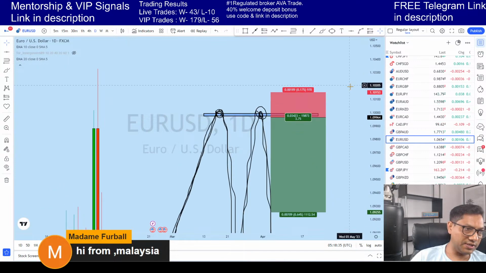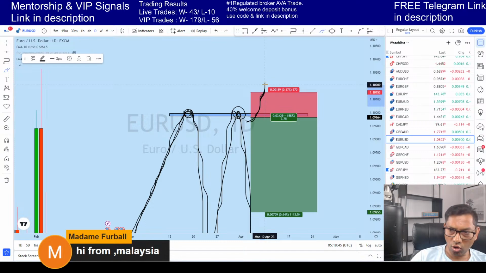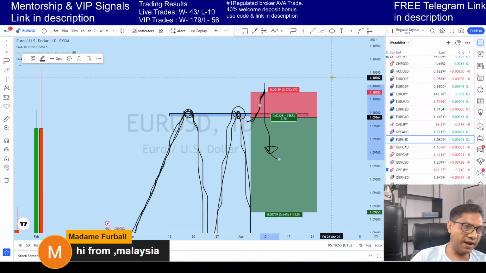Now at some point this market, in most cases, has violated that zone, gone up, crossed that level, hit your stop loss, and then probably returned back. So now this is what we call a liquidity gap.